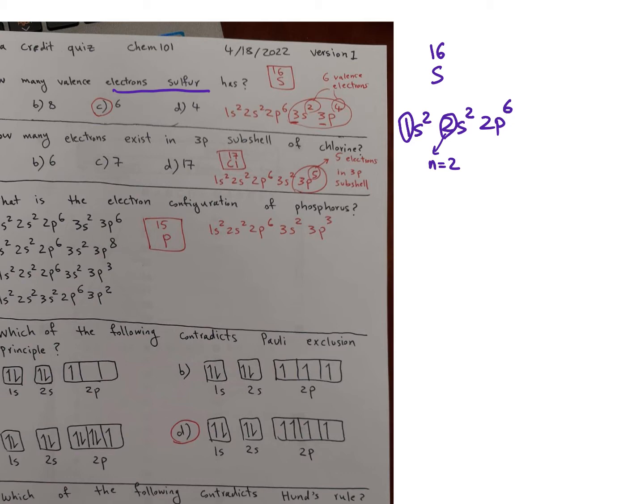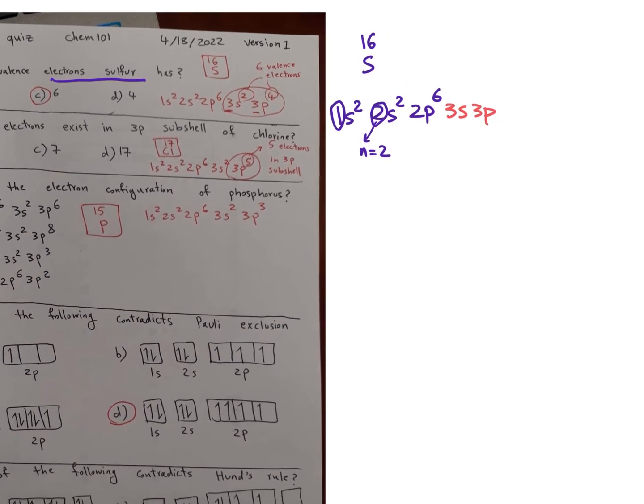What about n equals 3? How many subshells do I have? 3, right? Whatever the number of n is, you have that number of subshells. N equals 3, we have 3 subshells, right? S, P, D. So I write 3s, 3p, and here I remember that I had an exception, that 3d has higher energy compared to 4s.